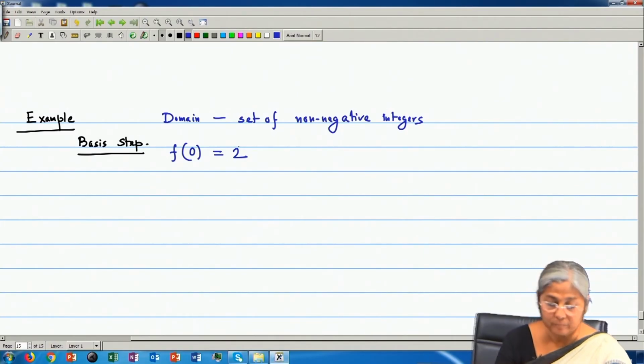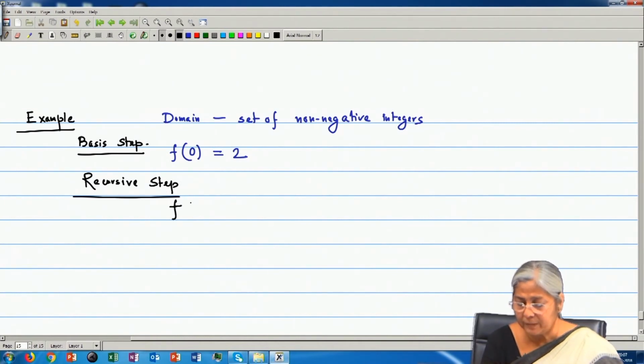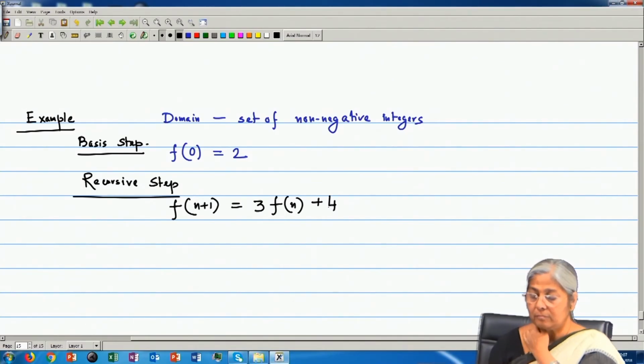So, f0 equal to 2, and the rule, the inductive or recursive step, say we define f of n plus 1 is 3 times f n plus 4. Okay.